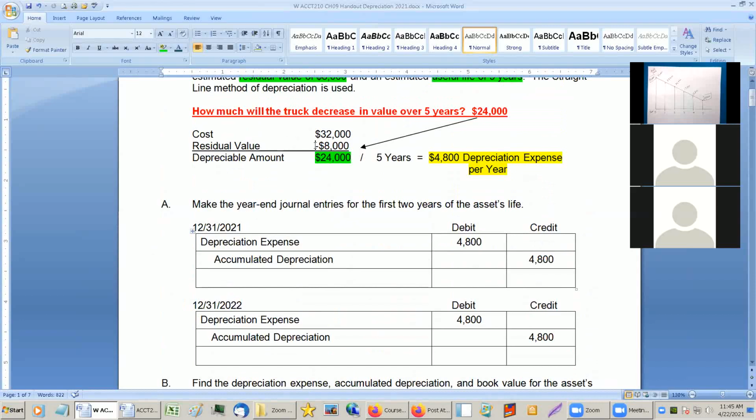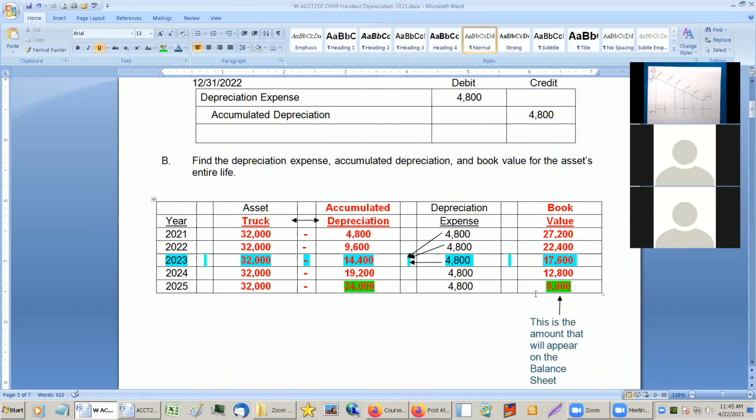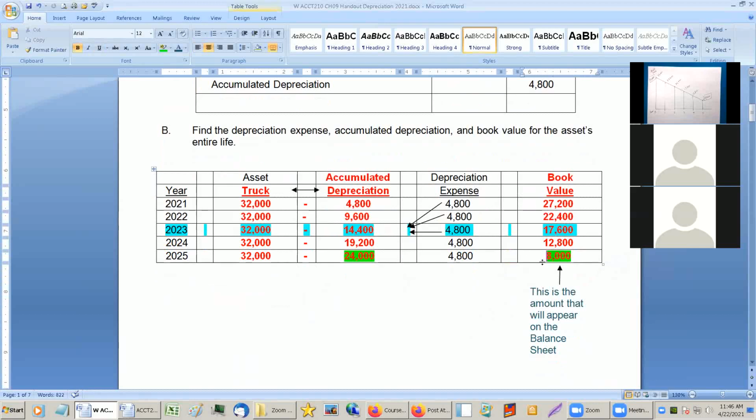And the 8,000 is the residual value. That's what we think it's going to be at the end of the 5 years. So this is the depreciable amount, and this is residual.